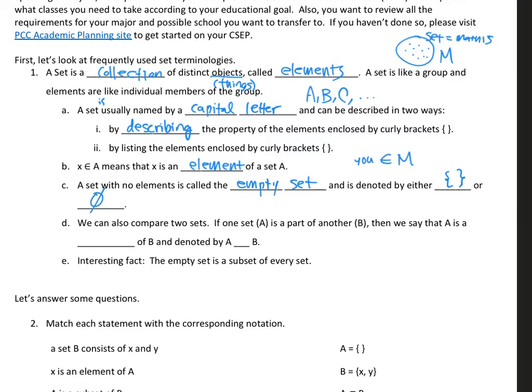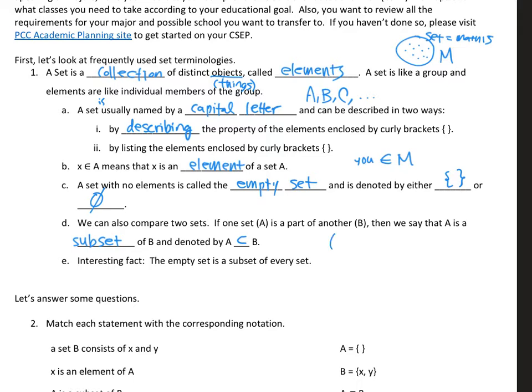We can also compare two sets. If one set A is part of another set B, then we can say A is a subset of B, denoted by this symbol. It's like a U basically sideways.